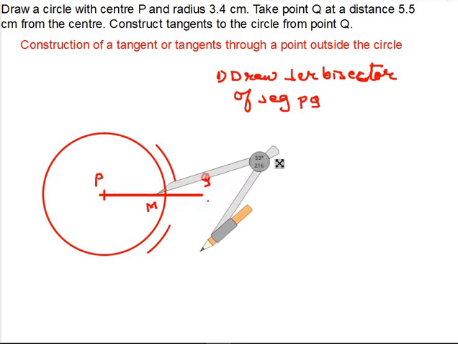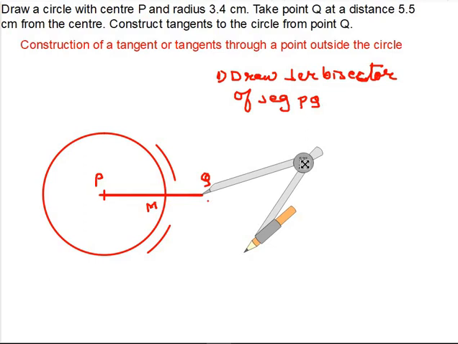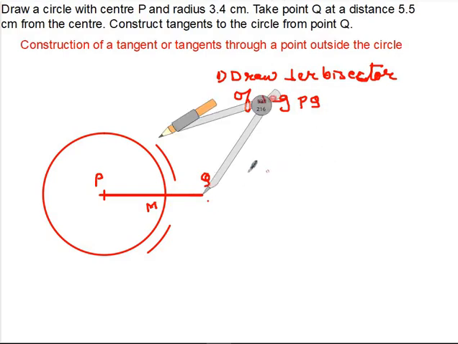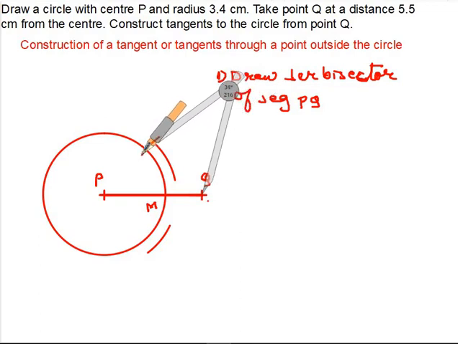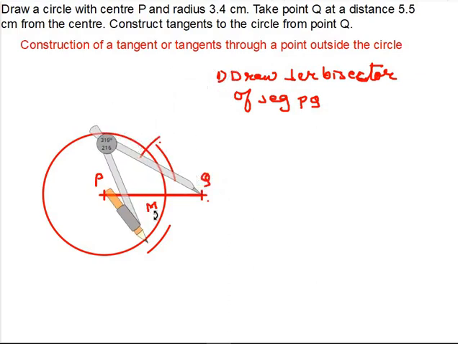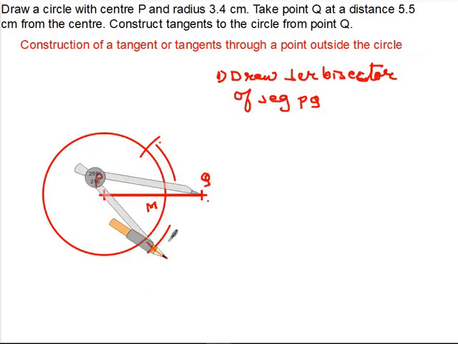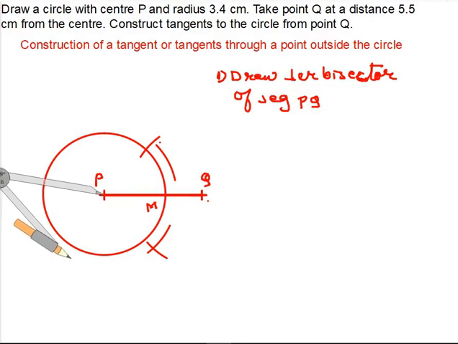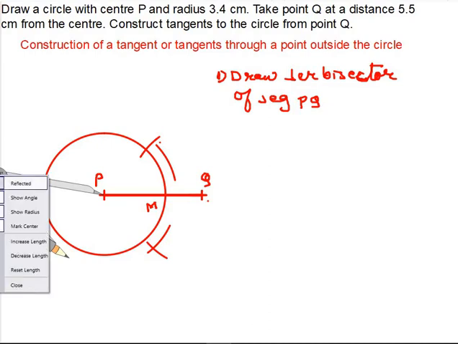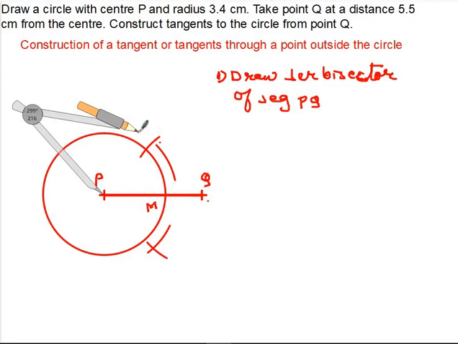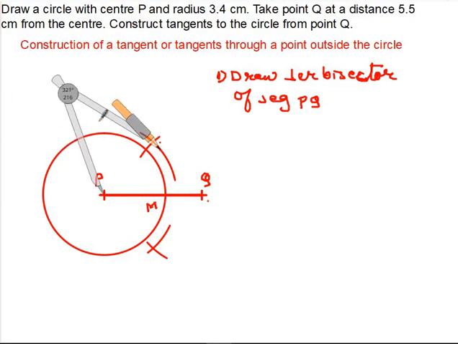Now after this, bring the steel point to point Q. Do not change the distance again, and with the same distance make a cut above PQ, and then again below line PQ. You will see that we get the cuts here.